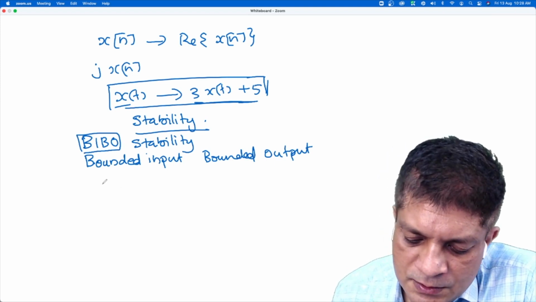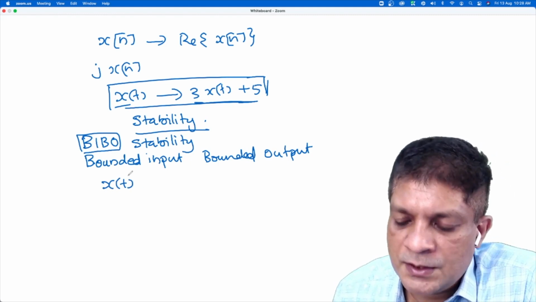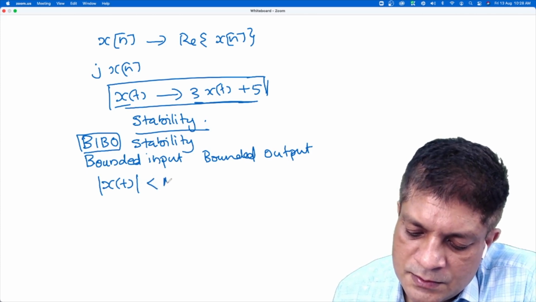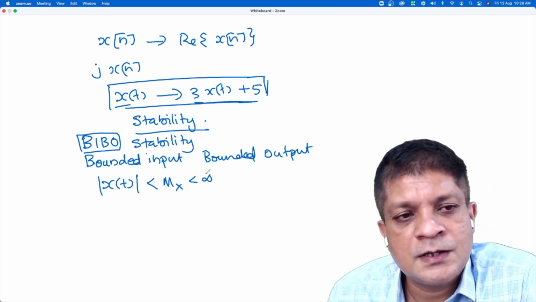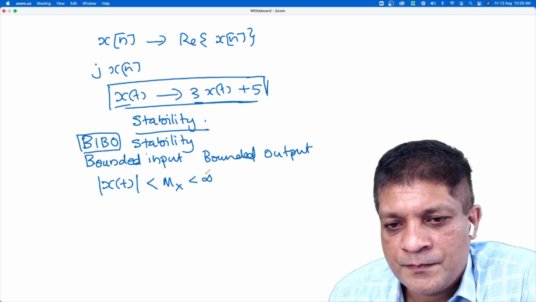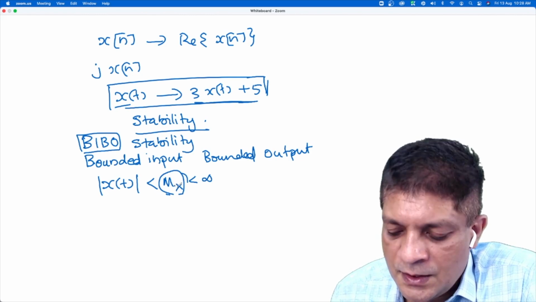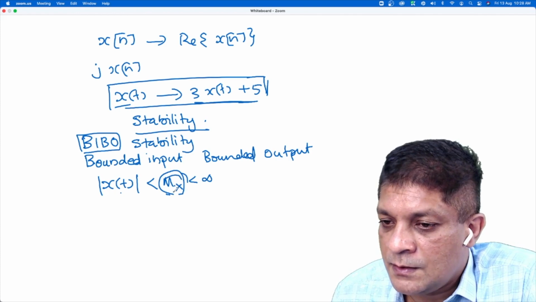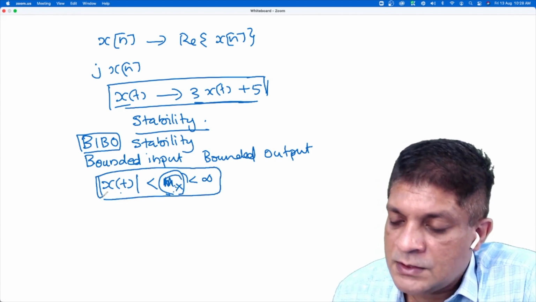Bounded input means we are giving an input signal x(t). A signal is said to be bounded if its maximum value is finite. It is a finite valued signal. Here we can say that the upper bound is Mx, so the signal is bounded.